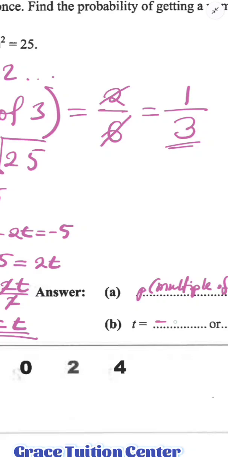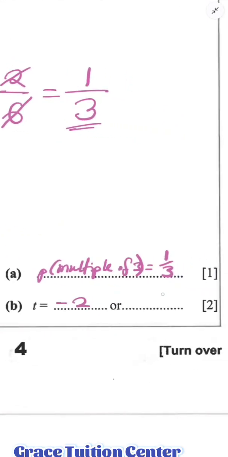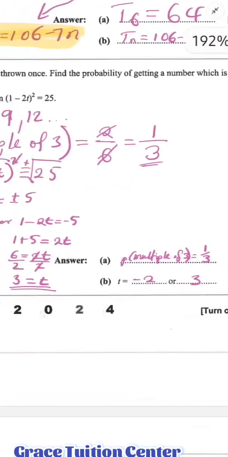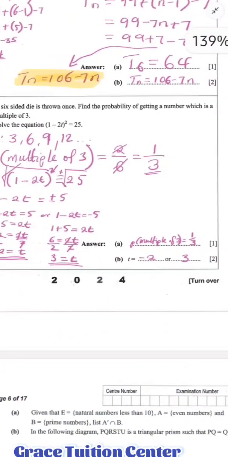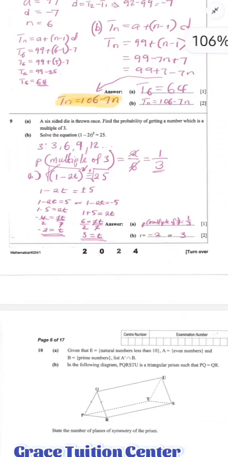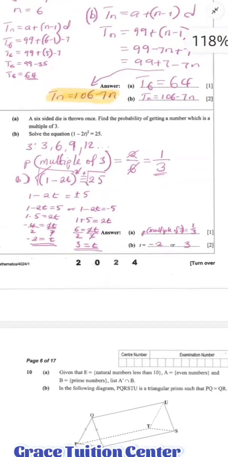I'll write t equals negative 2 or positive 3. Yeah, so this is the answer to our equation here. These are the two answers that we get when we are solving our equation.